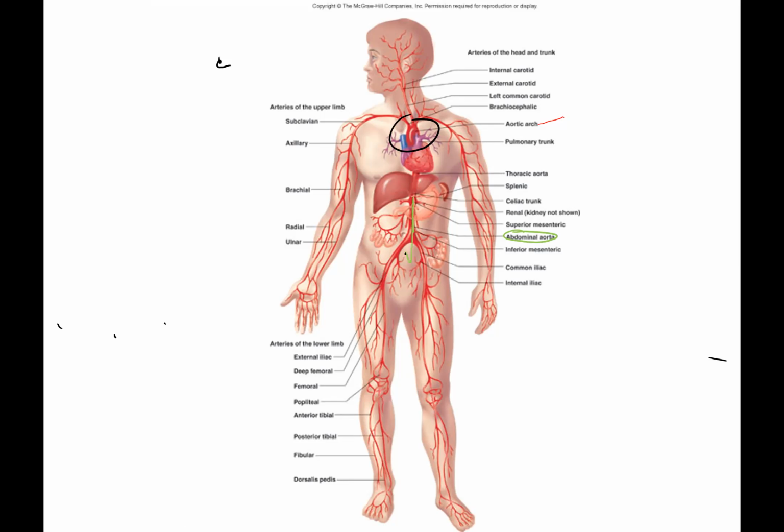Now keep in mind, we're doing this via the direction of blood flow, so I'm moving away from the heart. The abdominal aorta will split into the right and left common iliac. Now there's that word common, which means we're getting ready to get another fork in the road.